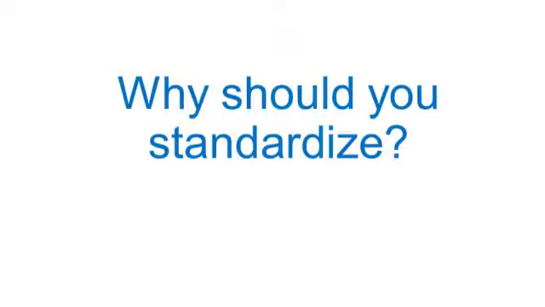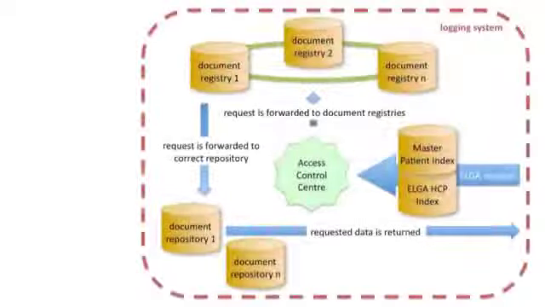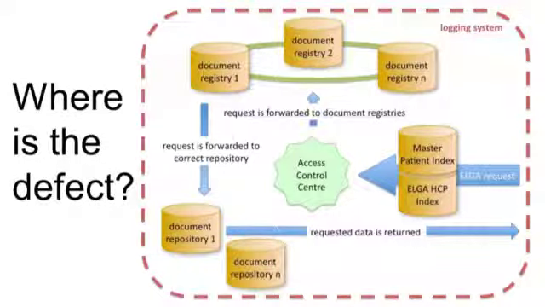So why should you standardize? Standardization makes it easy to fix a defect when one occurs, because if everybody's doing it in a different way, how do you know which is the defect or which is the process that's not actually working, and how do you fix it, because you can only fix it for one person at that time? Standardization reduces variation, and variation is one of the major issues why we don't have the good outcomes that we want.